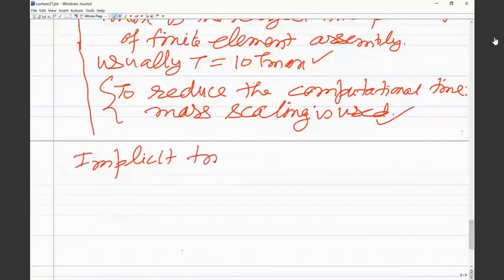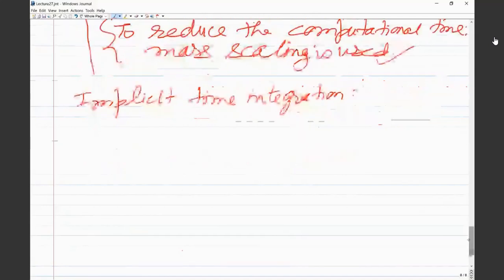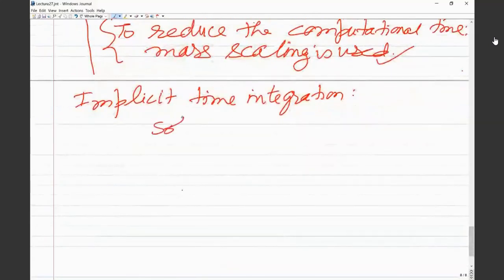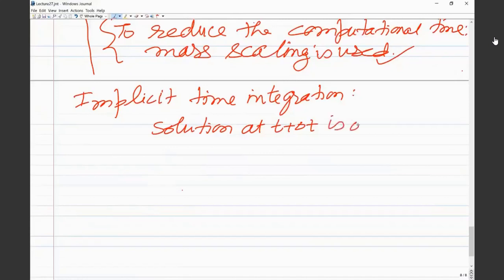So let me now start the implicit time integration techniques. Implicit time integration technique means, as against the explicit, the solution at T plus delta T is obtained from the equation of motion at T plus delta T itself.